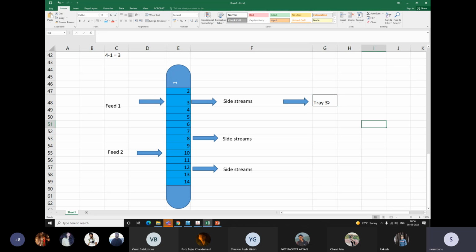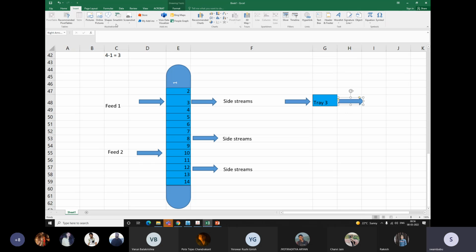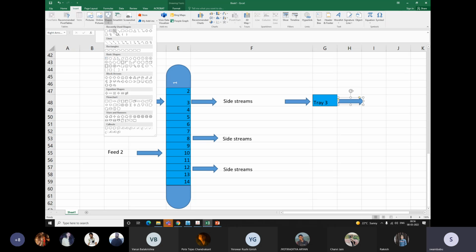The feed liquid is going in, and let's say one side stream is also coming out, that is outside the distillation column. Within the distillation column, what will happen?